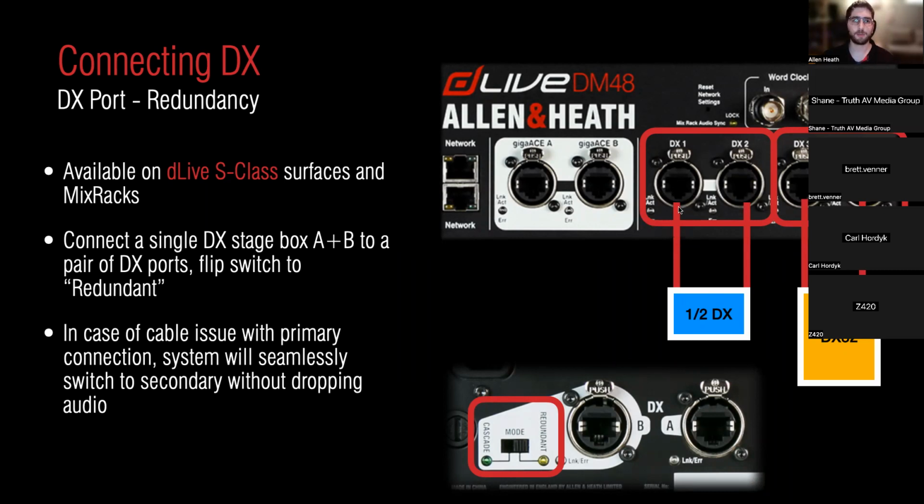So by using redundancy, you're reducing the total amount of stage boxes that you can connect to a system. If you have redundancy and you want to use more stage boxes, then you'll need additional cards or additional places to connect DXs. And we're going to go over a lot more ways to connect DX. And you'll see that even with redundancy, you still have a lot of expansion options.